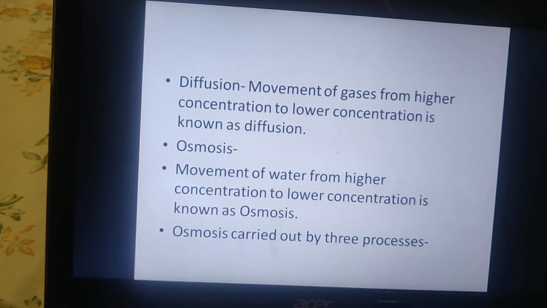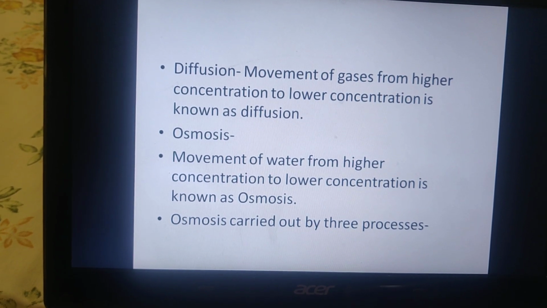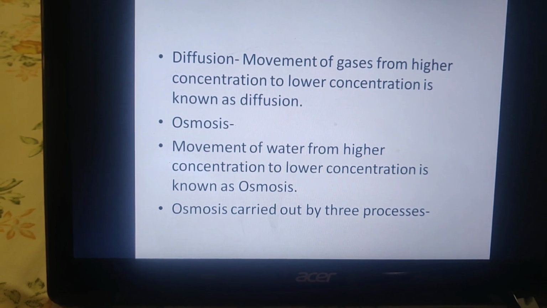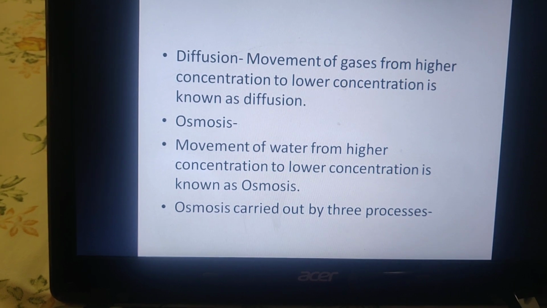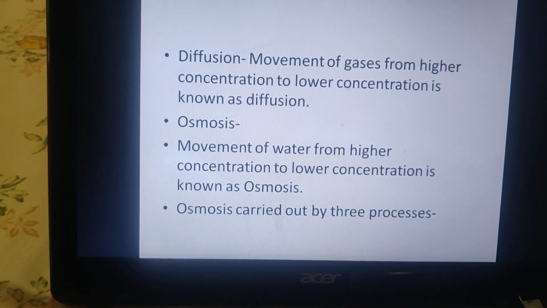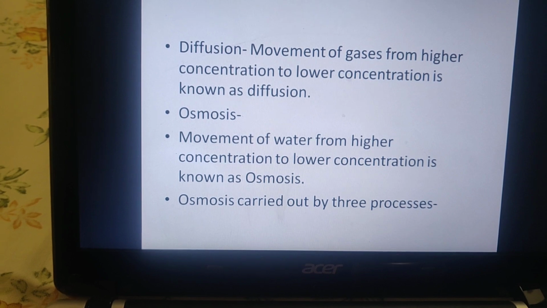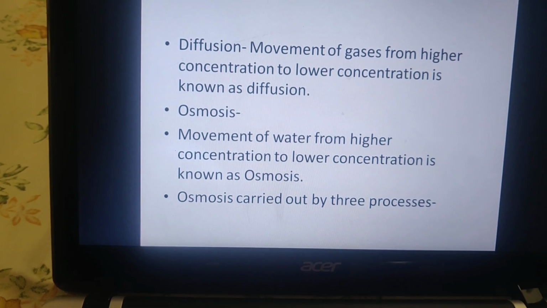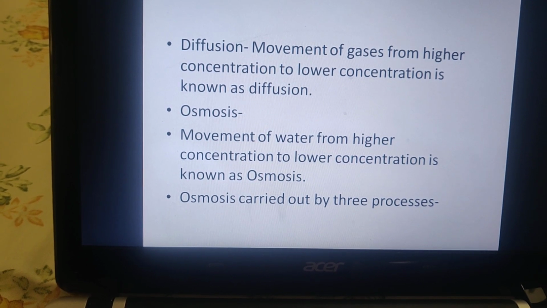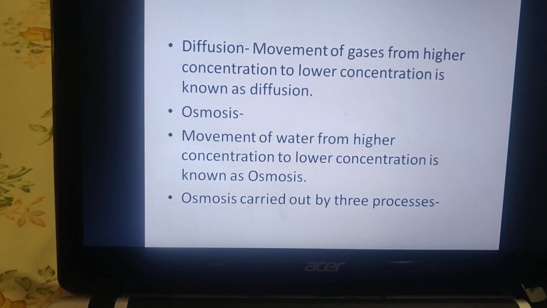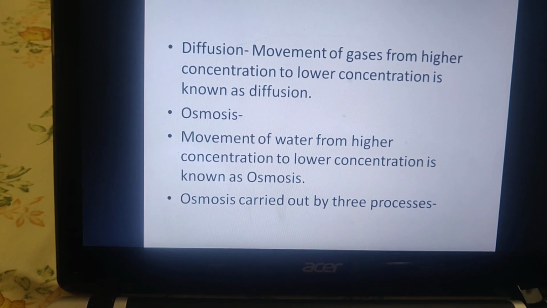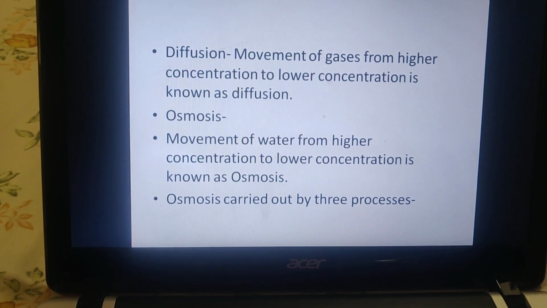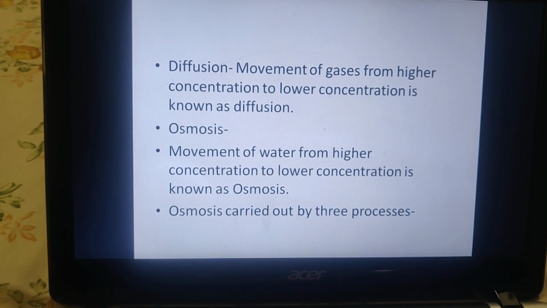Here also diffusion is done from higher concentration to lower concentration. Understood children? I repeat again, diffusion means movement of gases from higher concentration to lower concentration. In the cell, due to cellular waste, the concentration of CO2 is more, and in the blood the concentration of CO2 is less, so CO2 moves from the cell from higher to lower concentration.